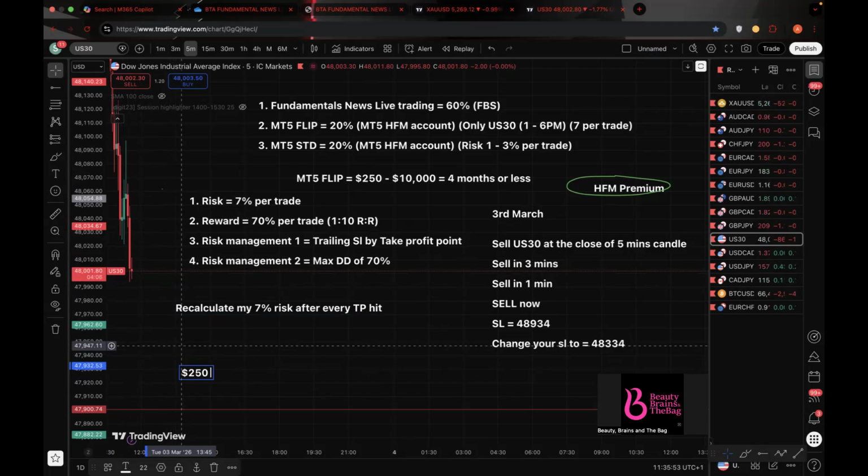So $250 basically meant I was risking $17 per trade. After risking $17 per trade, I won my first trade, 1:10 RR, caught 70%. So my account grew to $425. So I recalculate my new risk based on this $425 in my account times 0.07. So that means my new risk now will be $30.